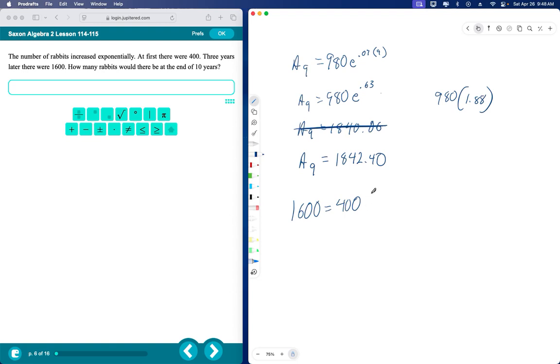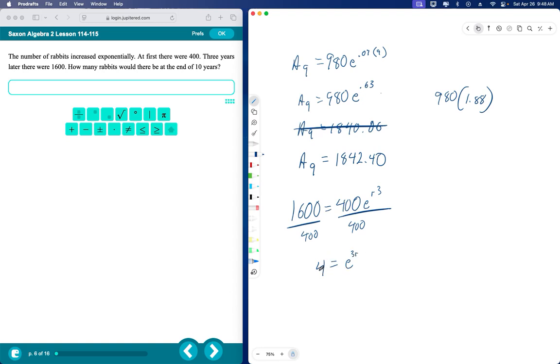So in order to find that, I'm going to divide both sides by 400. So 4 is equal to e to the 3r.